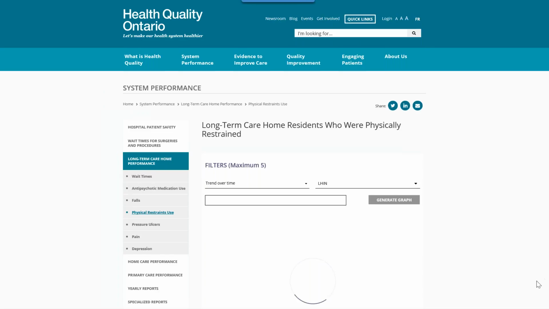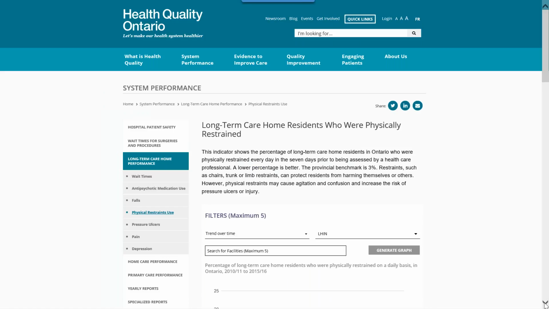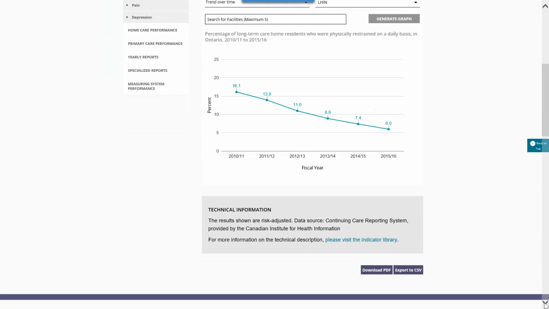And we click there, and you can see falls have gone up fairly dramatically, but we can also see that daily restraint use now has dropped extremely low from 16% back in 2010 down to 6% now, which is just a really, really dramatic drop in the use of daily physical restraints.